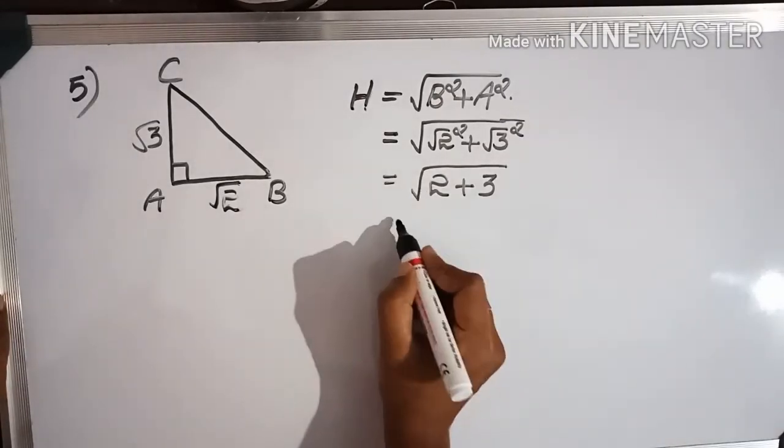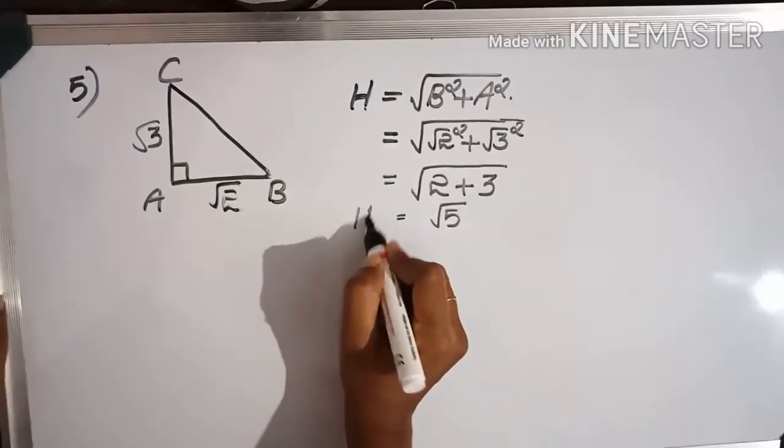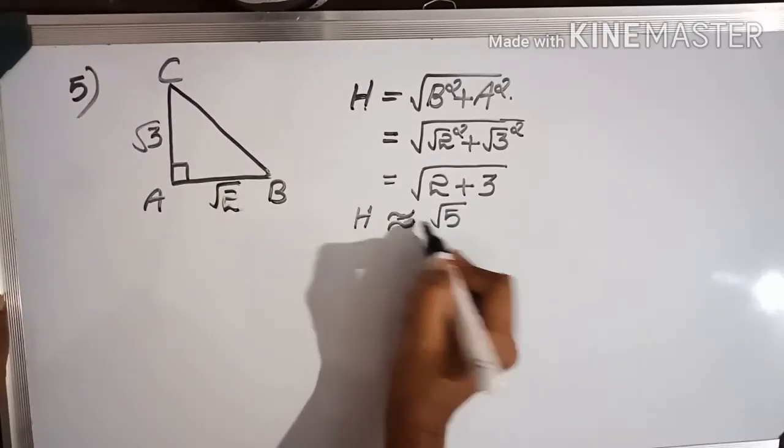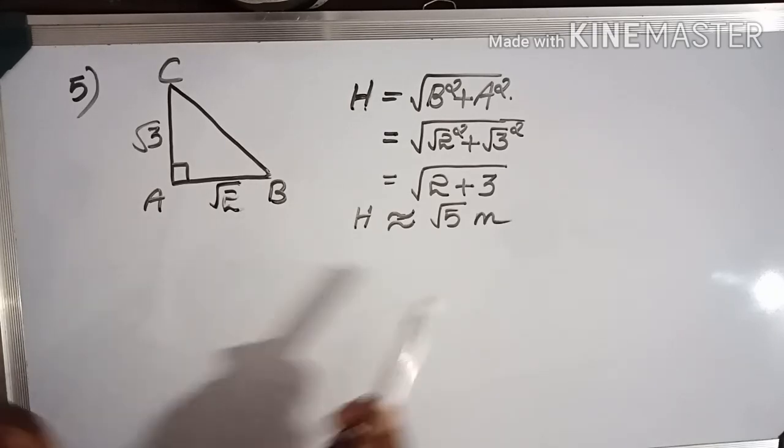So the answer is what? Root 5. So the hypotenuse is equal to root 5 meter.